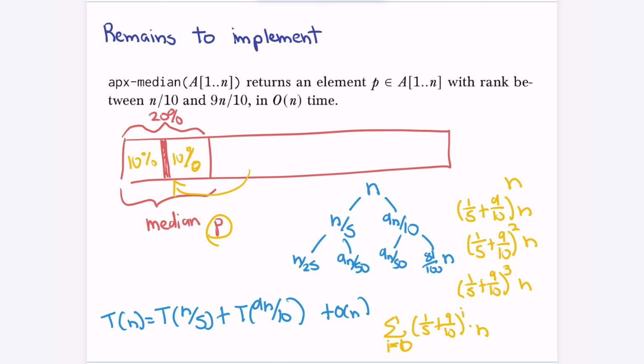Yeah, but so it'll be log n-ish, but here the base is going to matter. Yeah. Log base 10/9. So you're always getting rid of 1/10 of the input and keeping around 9/10 in the worst case. So this will really be like log base 10 over 9 of n.